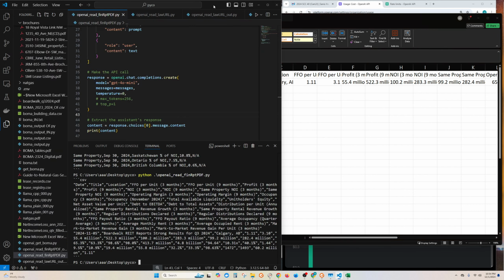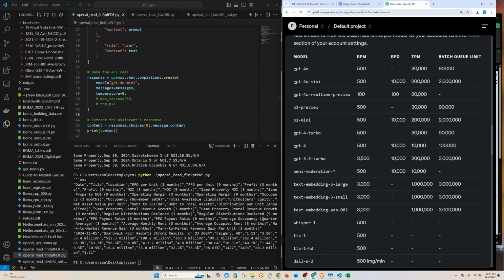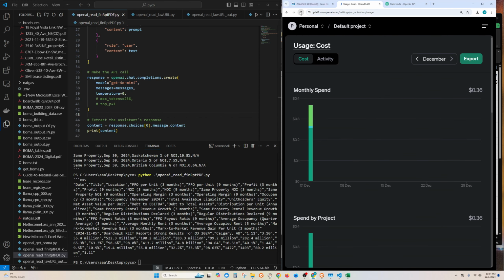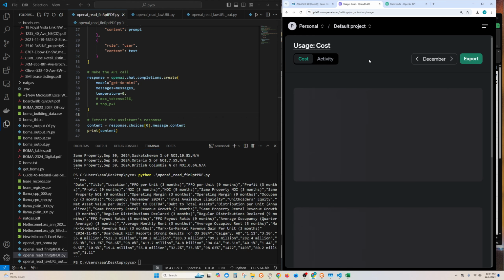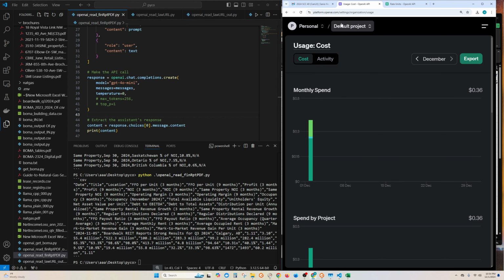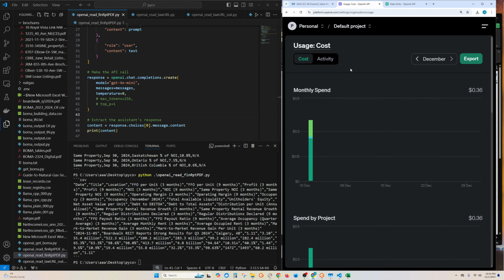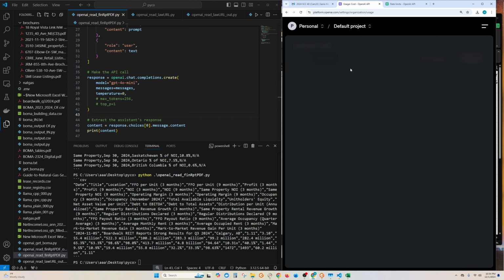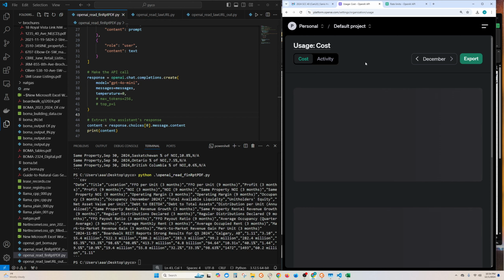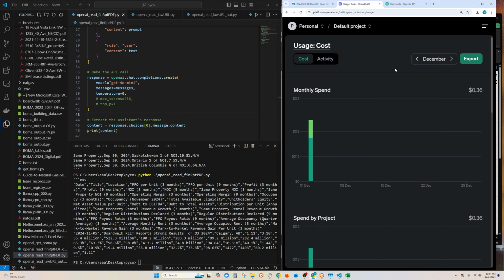Alright. Now let's see what that cost us. I don't think that cost anything. Could be it's just slow to actualize, but let's hit that F5. Now I'm just gonna move forward assuming that it was less than 1 cent.